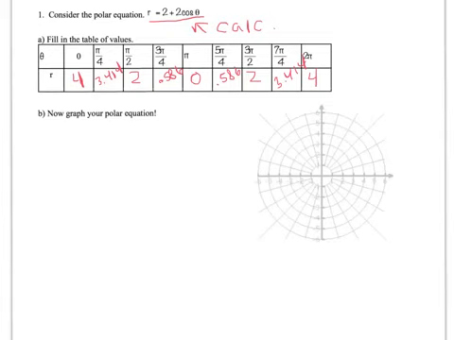So now let's just plot these points and look at what we see. When theta is 0, I'm rotating 0, and I walk out 4. So there's my first point. When theta is pi over 4, I walk out 3.414. And pi over 4 is 45 degrees, so I walk out a little farther than 3.